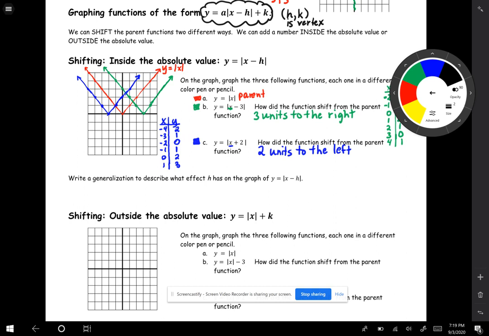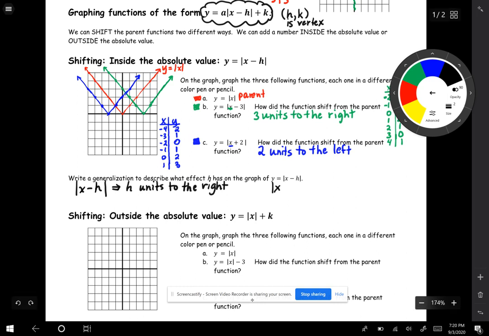So hopefully after graphing the green and blue functions, you notice that if you have something like x minus h, you move h units to the right. Now, is that what you thought might have happened? I don't know, because when people think of minus h, they think of moving to the left, but it's the opposite. H is opposite. So h units to the right.